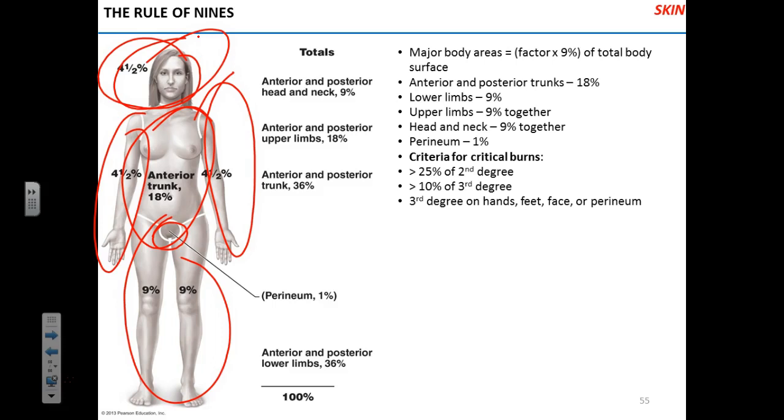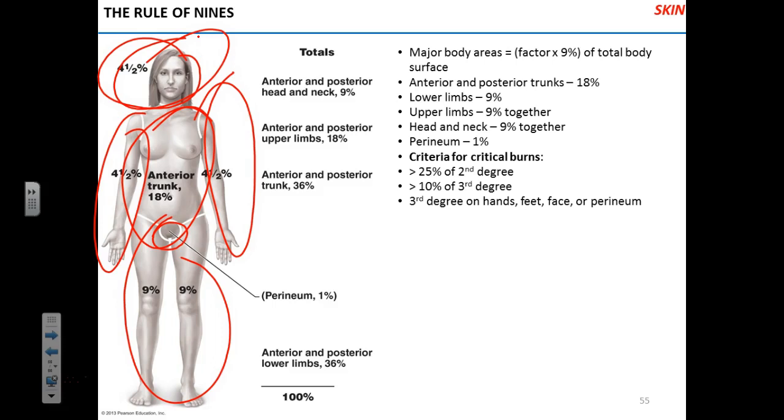Severe burns are 25% or more second degree and 10% or more third degree. It's not a lot, really. If you think about it, the anterior trunk and all anterior aspects of both arms give you 27%.